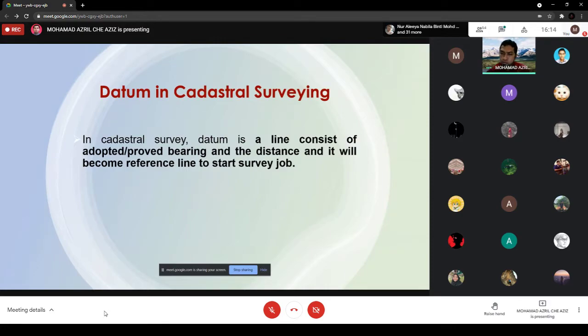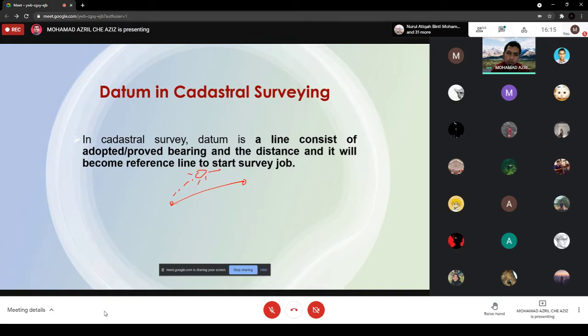For example, you have a datum using 2 boundary marks plus 1 solar observation.